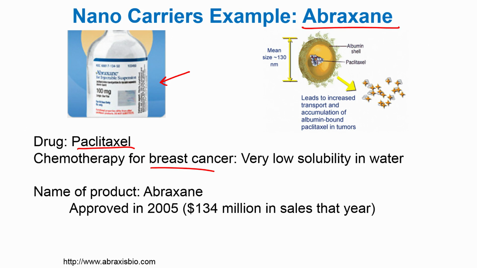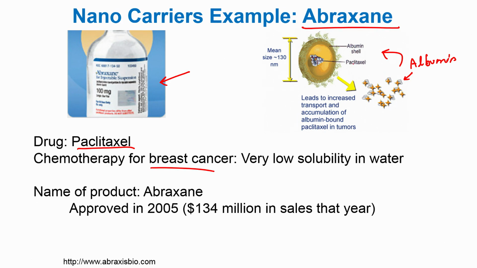So, what was done is this paclitaxel molecule was conjugated to albumin protein, which is one of the most abundant proteins in our blood, and it then self assembled into a structure, because paclitaxel is fairly hydrophobic and did not want to interact with water.